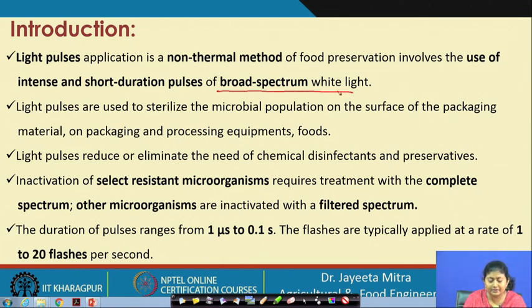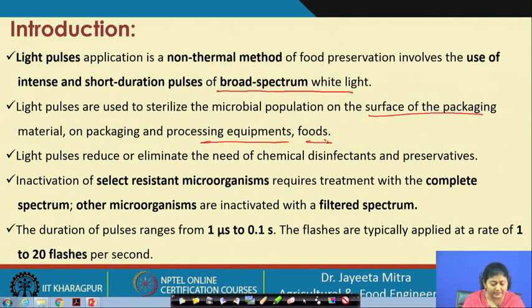We have seen the range: it starts from 200 nanometer to almost 1250 nanometer. Light pulses are used to sterilize the microbial population on the surface of the packaging material and also on the surface of the processing equipment and food.